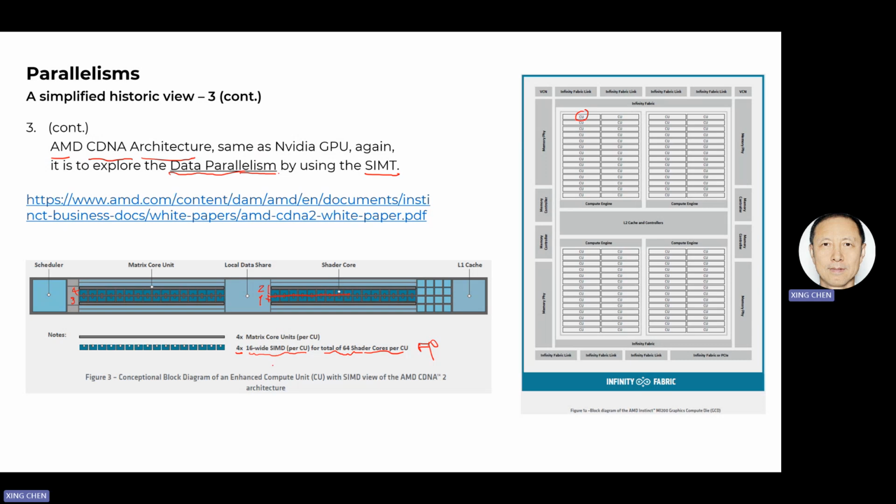So per CU, you have 64 floating point capabilities, multiplied by the quantity of CUs.